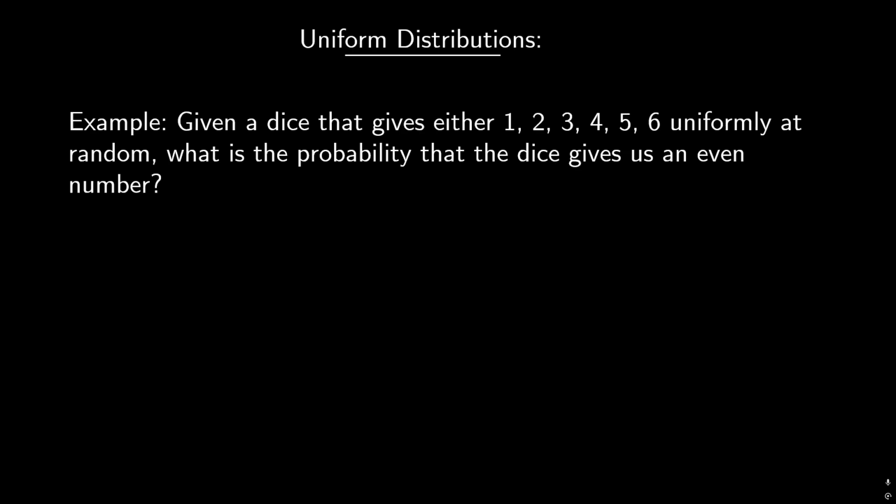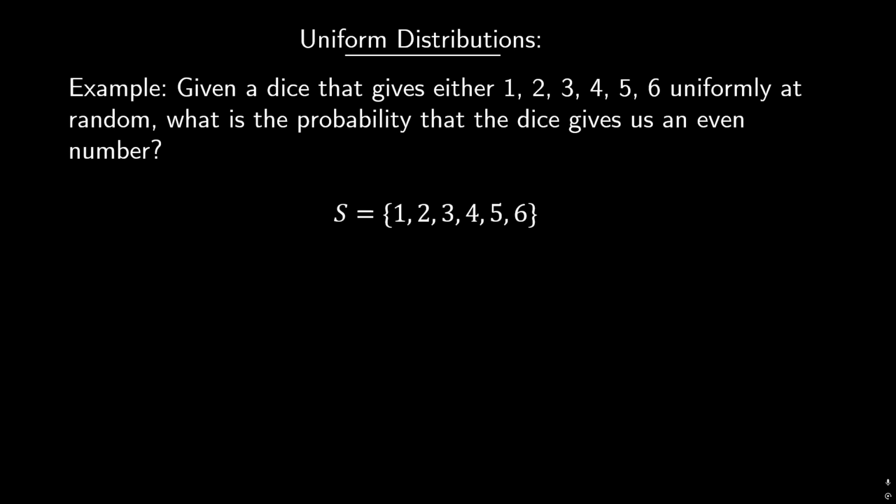Let's say that we're given a dice that gives either 1, 2, 3, 4, 5, or 6 uniformly at random. Again, I emphasize that we are assuming that the dice is fair and uniform. So what is the probability that the dice gives us an even number? Right now my outcome space is 1, 2, 3, 4, 5, 6.